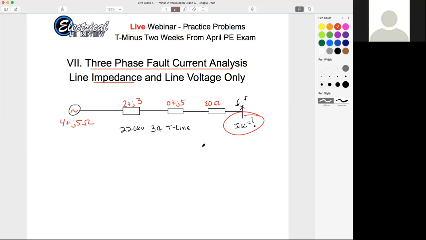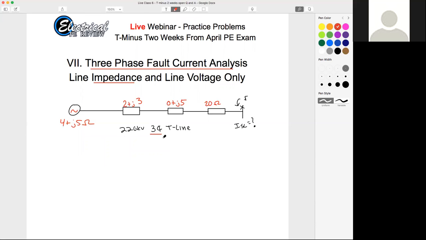Now, if we want to calculate this short circuit current, how do we do that? Don't forget, this is a 3-phase transmission line. I bet I'm going to catch about half of you with this, which is why we're going to go over this since we've gone over it before.